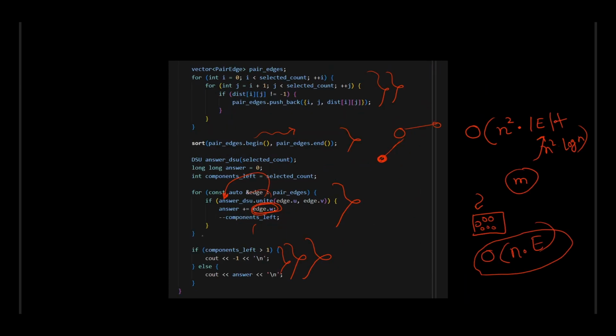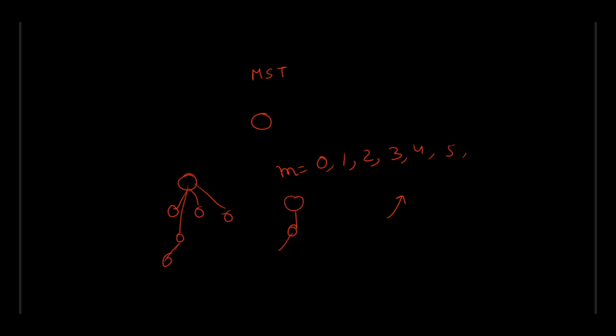You could just start by deleting edges from 0, 1, 2, 3, 4, 5, etc. And each time you delete an edge, it will create some connected components.